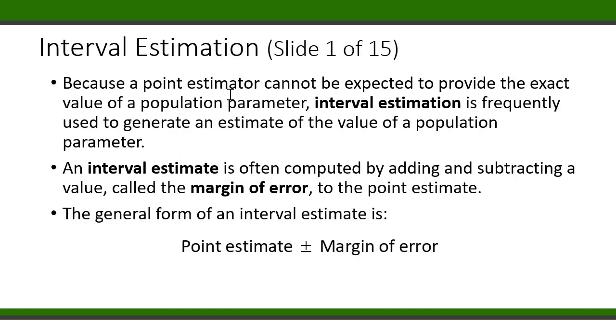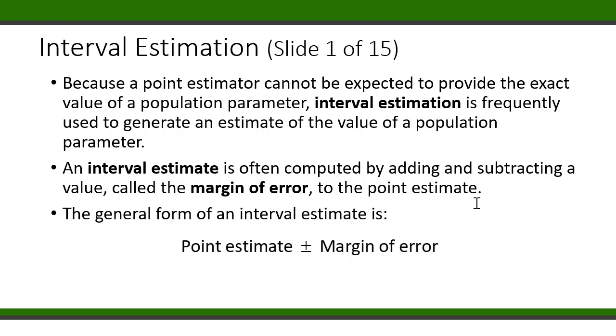Because a point estimate cannot give us the exact value of that population parameter, we'll typically use an interval estimate to generate an estimate of the value of the population parameter. That interval estimate typically will add or subtract a value, called the margin of error, to the point estimate.